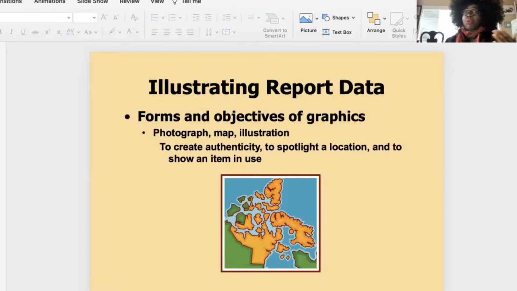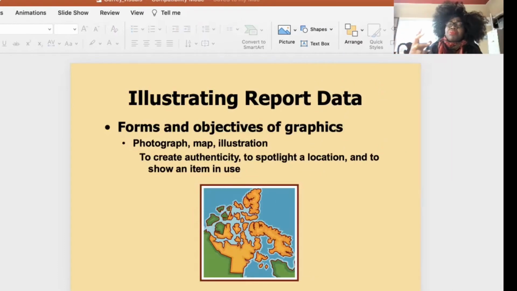Now, one of the things that students like a lot are pictures, because a picture, we all know, is worth 1,000 words. But if the picture is not helping to give us information, do not use a picture. Because usually we want to use a picture when we want to illustrate something. So let's say you want to show a location, you know?